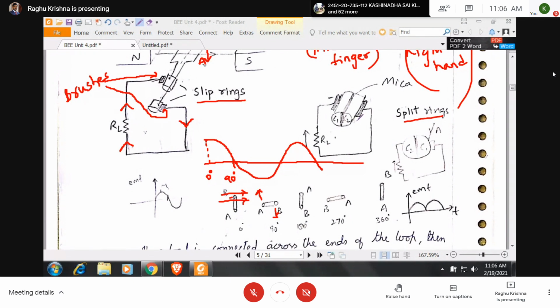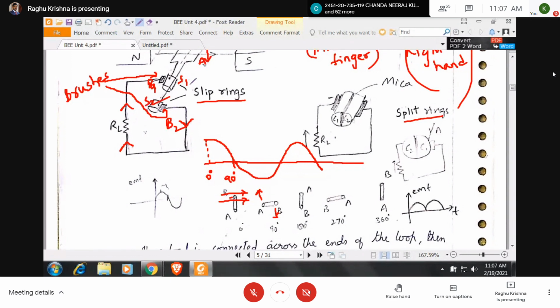See here, slip ring 1 is always connected to this brush, and slip ring 2 is always connected to this brush. Let us take this as brush 1, and this is brush 2. Brush 1, brush 2. So here slip ring 1, slip ring 2.